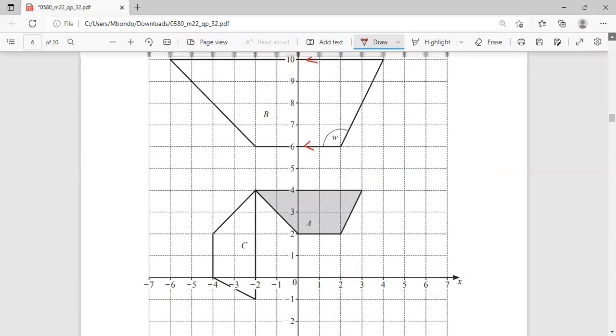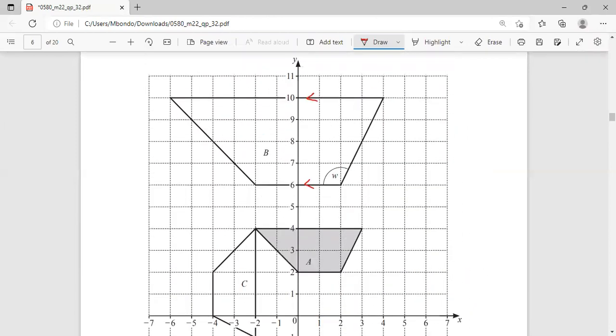So let's see. For a, we count like this, from this point, it's 1, 2, 3, 4. That is our a, so our a is 4.